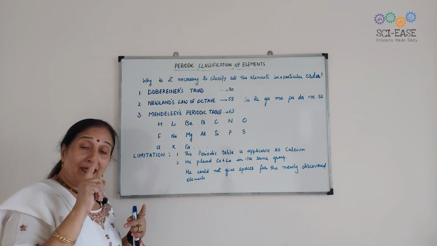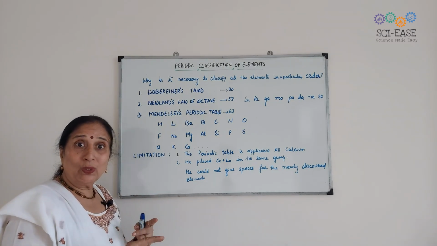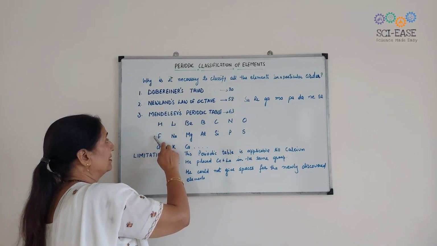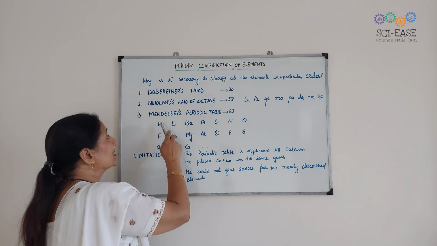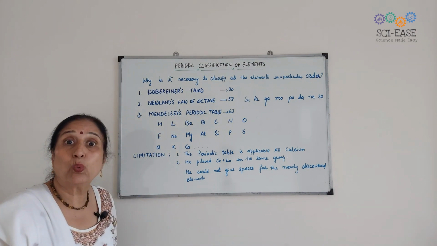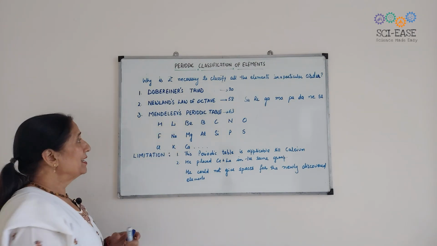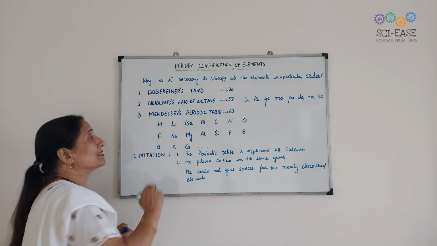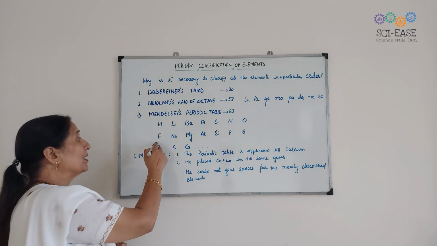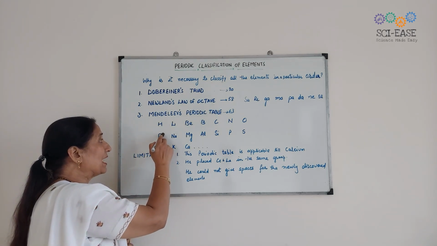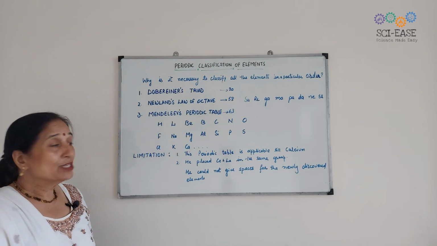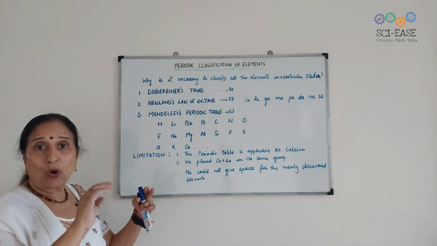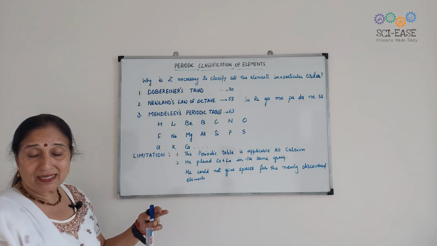And the other thing, he told that every 8th element shows the same property as the first one. Fluorine has the same property as hydrogen. Chlorine has the same property as that of fluorine. So, he arranged the elements in increasing order of their atomic masses.